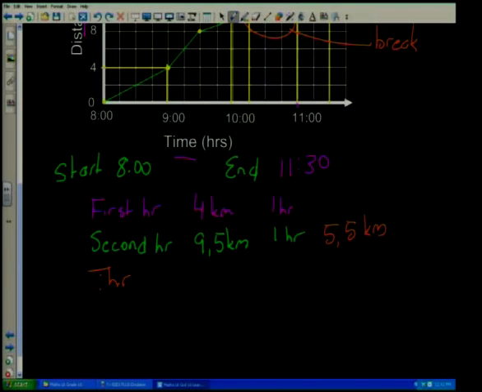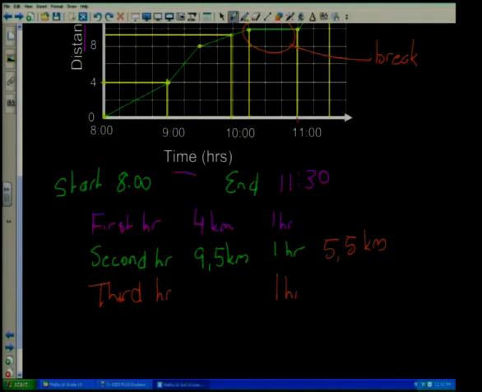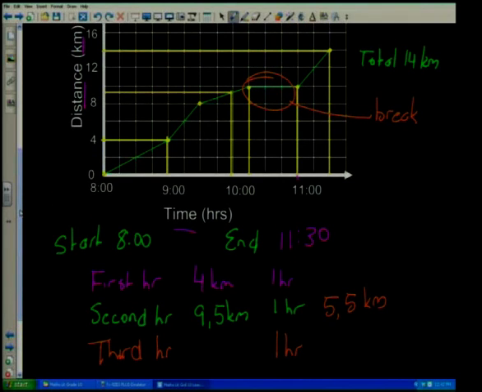The time carried on moving, but the number of kilometers that she walked did not change. So in actual fact, in her third hour, she took a very big break. Third hour, and we're going to work out 1 hour here. What do we end up with? We end up with 10 kilometers.